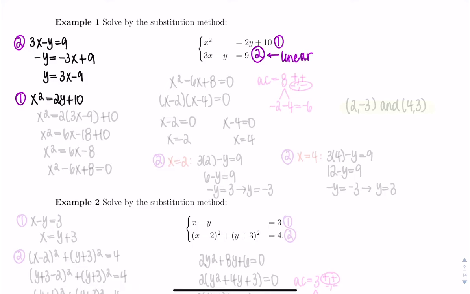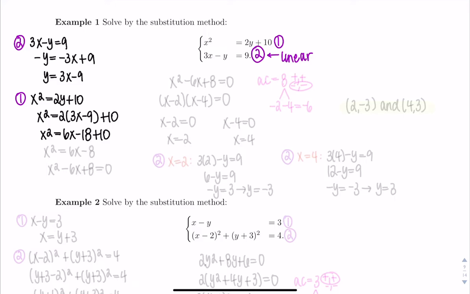Wherever we see a y, we plug in 3x minus 9. So we have x squared equals 2 times 3x minus 9 plus 10. So x squared equals 6x minus 18 plus 10.